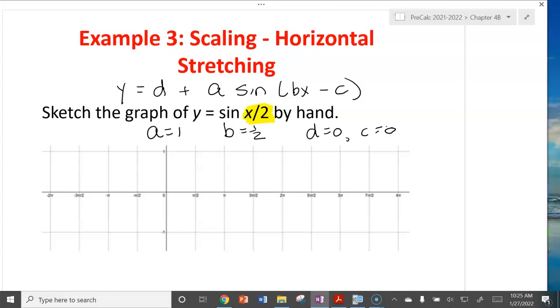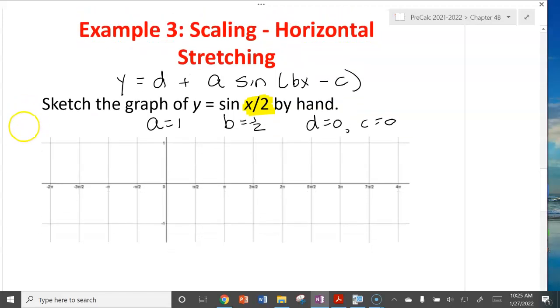And so then I need to figure out what my period is. Since I'm scaling horizontally, my period changed. The equation we're going to use is period equals 2 pi over b. B here is 1/2. So period equals 2 pi over 1/2, and that equals 4 pi.